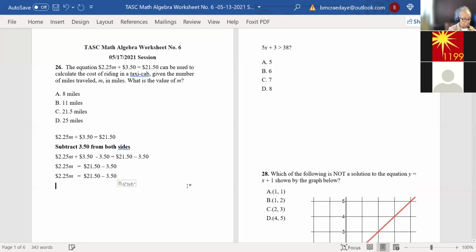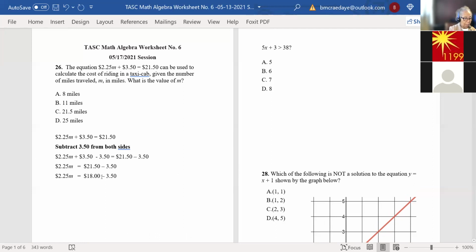And then what did you do? Okay, so this is 18. 50 from 50 is 0. 3 from 21 is 18. So you got $18. And then what did you do?